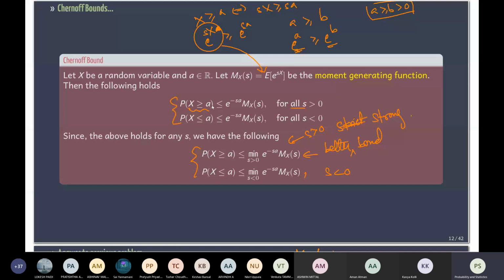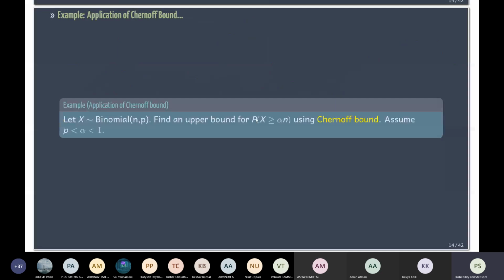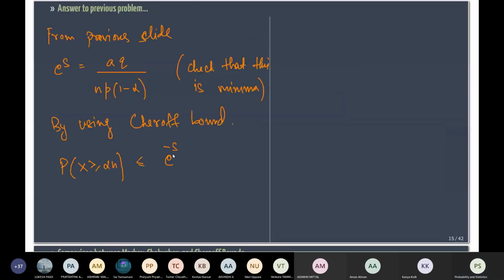In our case, a is that alpha n, right? The bound is e to the minus sa times M_X(s).